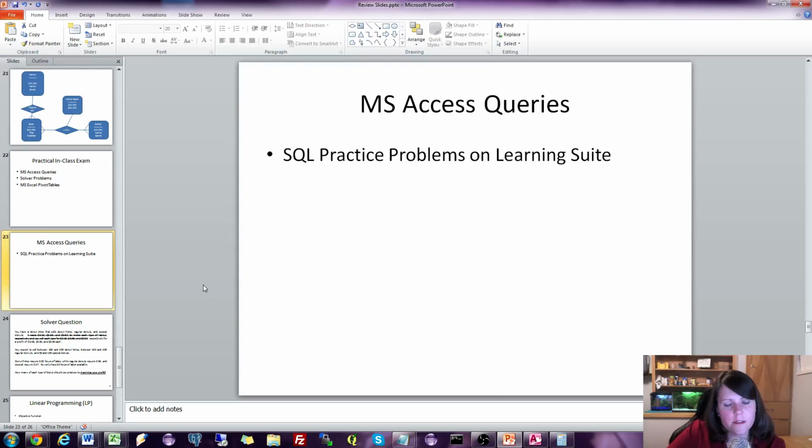Yeah, so Access queries, let me just say a few more words about that. It's really key, again, to read the problem. I think a lot of people struggled with getting exactly what was going on in the system on the project. I don't want to say anything in particular about the project because I don't want to record talking about it in case we use it again, but you have to think about what's being stored and if it makes sense to have certain data without having other data, if that makes sense.